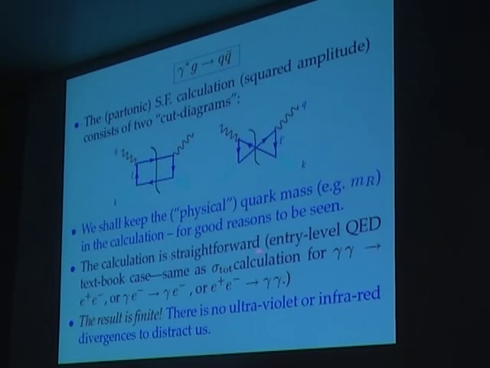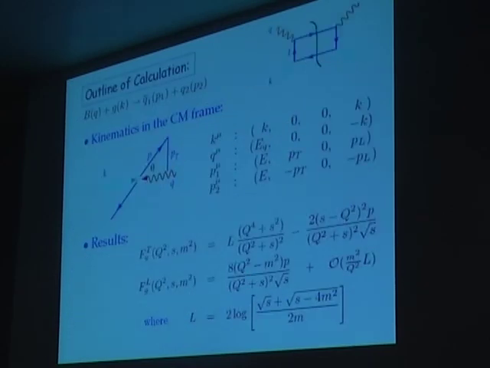This calculation is exactly the same one that you must have encountered in your course in advanced quantum mechanics. Therefore, I'm not going to do it for you, and you should know it. This is the result here.